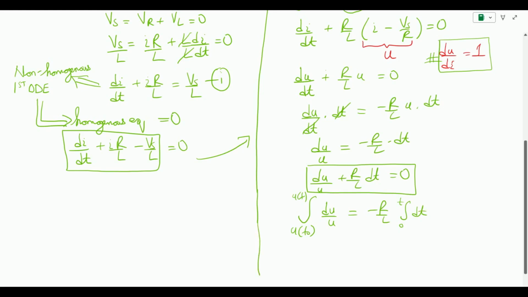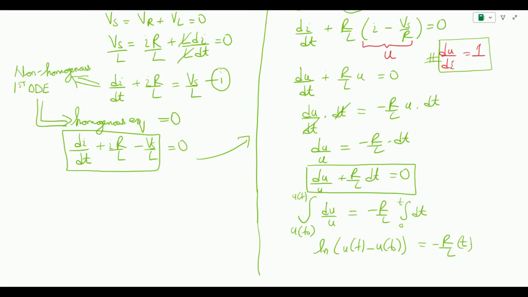Now we can simply go about the integration. So the integral of 1 by u is the natural log of u of t minus u of t naught. So I've just input the values of the limits, equals minus R by L. The integral of the differential will give you a value of t once you put the limits of 0 to t.